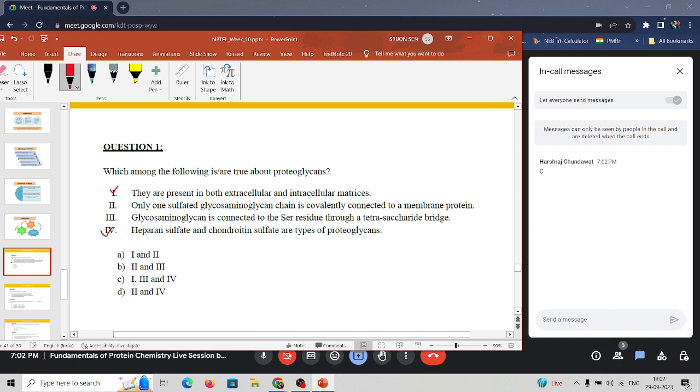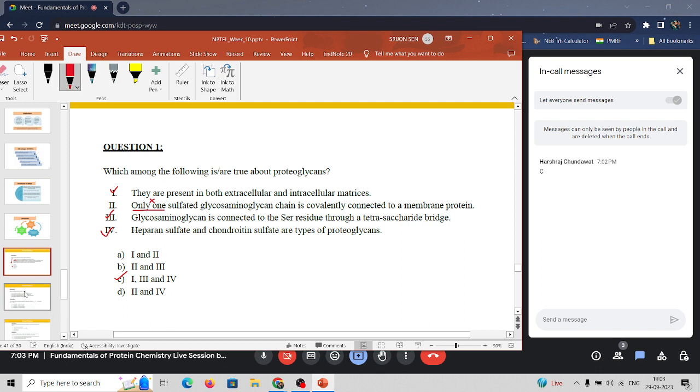Only one sulfated glycosaminoglycan chain is covalently connected to the membrane protein, this is wrong because it can be more than one. It can be one, but not only one. So this is the incorrect option. And 3 is also correct. It is connected to the serine residue through a tetrasaccharide bridge. So 1, 3 and 4 are correct options.